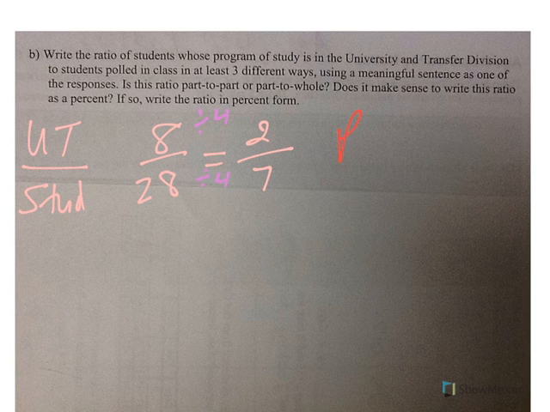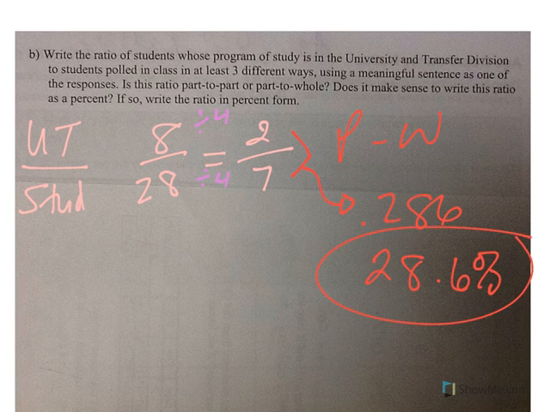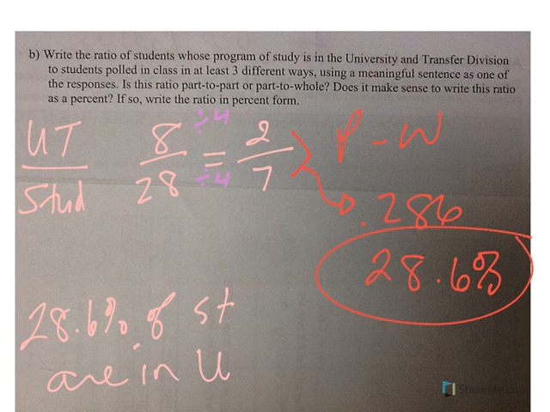But because this is part to whole, we can change this to a percent. 2 divided by 7 is 0.286. So that means 28.6% would be our percentage. As a sentence, 28.6% of students are in the university transfer division.